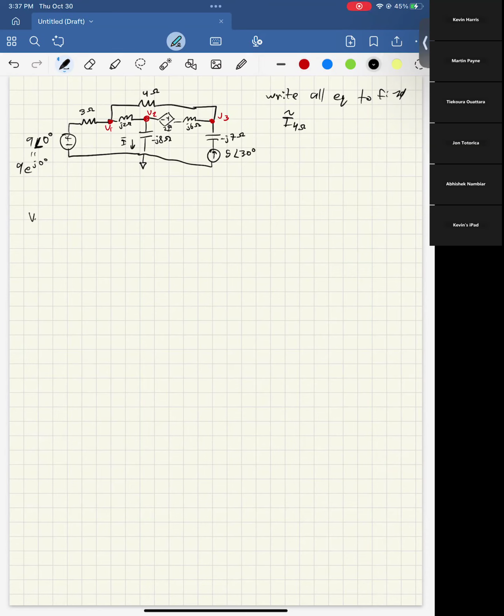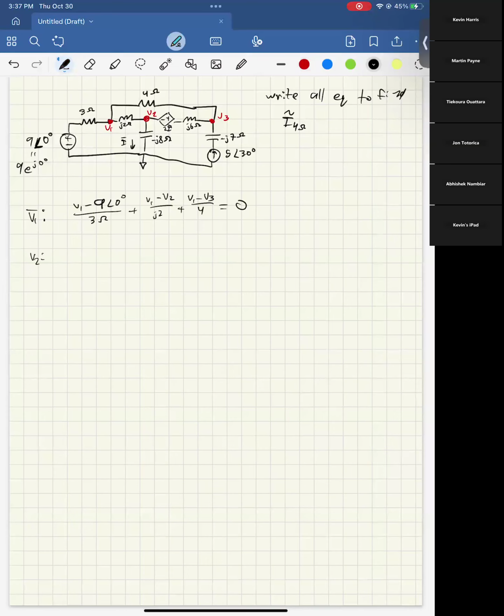So at V1, technically V1 bar if you're being fancy, we have (V1 minus 90) over 3 ohms, plus (V1 minus V2) over j2, plus (V1 minus V3) over 4, equals 0. Wow.